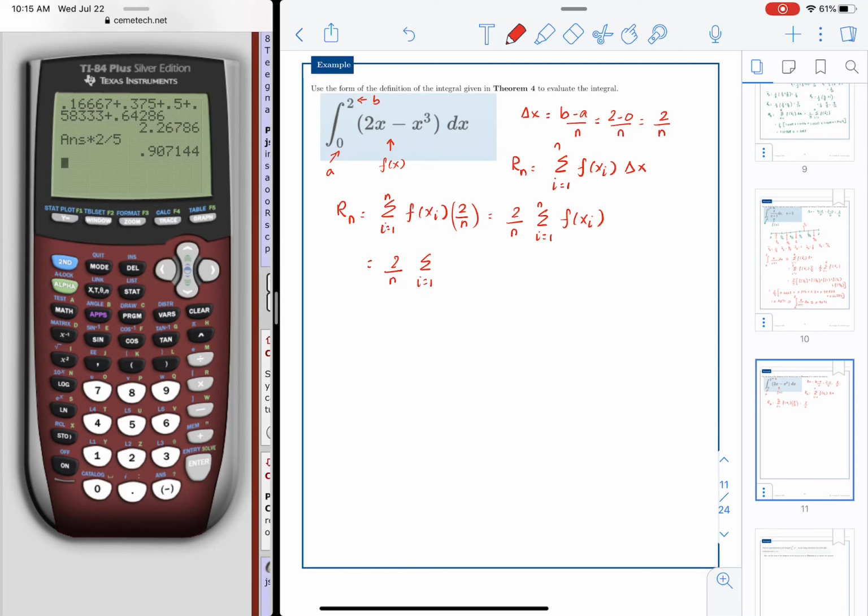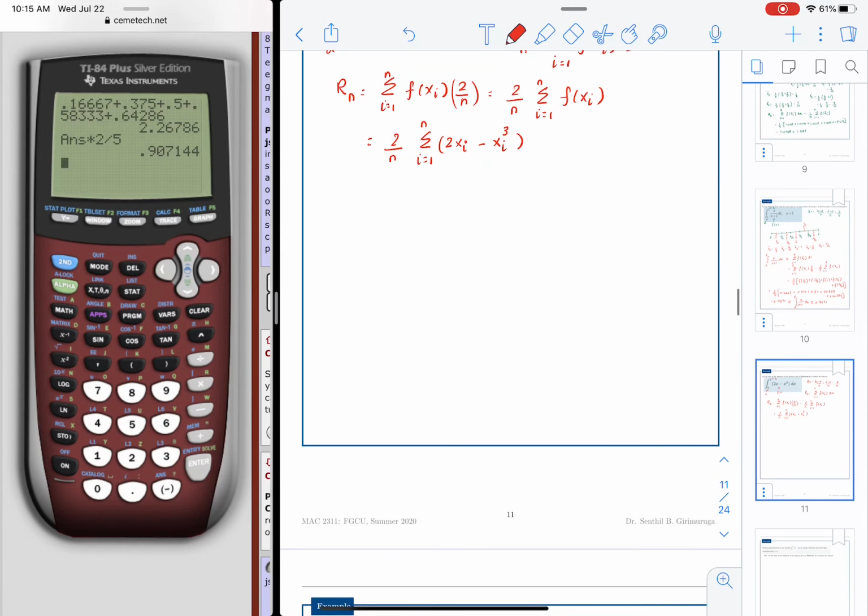We are going to plug in xi for x in the function, so 2xi minus xi cubed. We know that if we have two terms in a sum and there is a plus or minus, we can split the sum up.